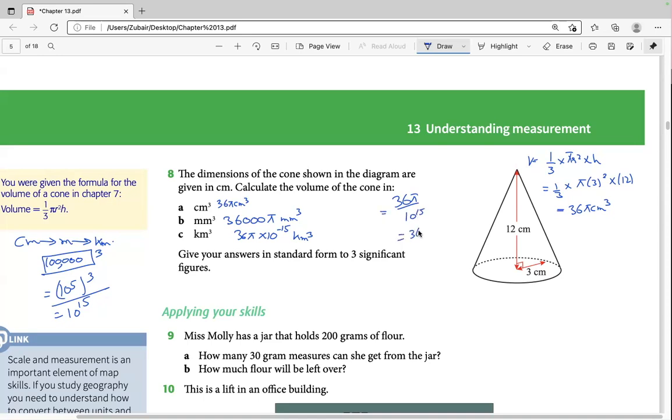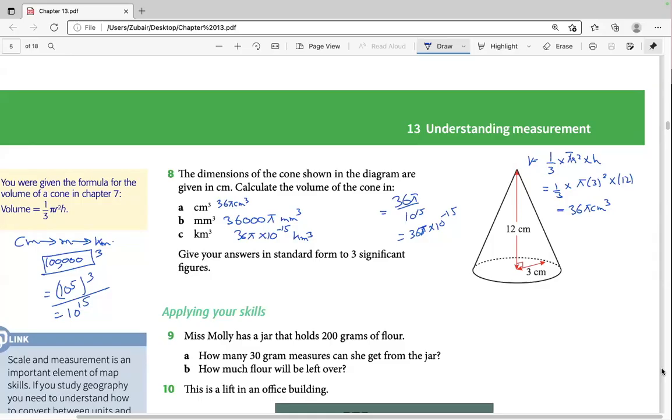And next step, 36 pi into 10 to the minus 15. But why 15? Because that was five zeros cubed, making it 15 zeros.